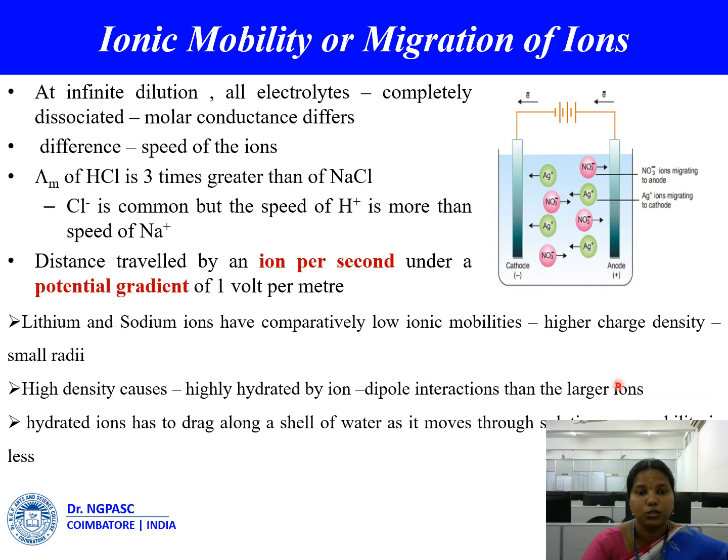Because of the high charge density, they will be highly hydrated due to dipole interactions. So it is very difficult for them to move through to the electrode along with the shell of water molecules. That is the reason for the lower mobility of sodium ion and lithium ion.